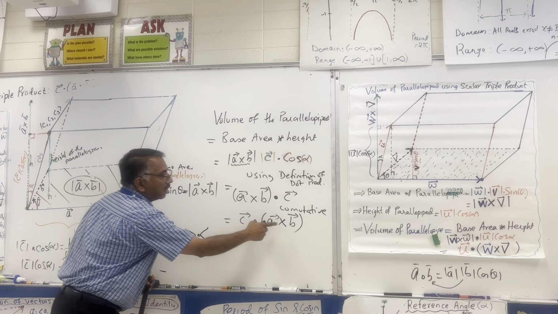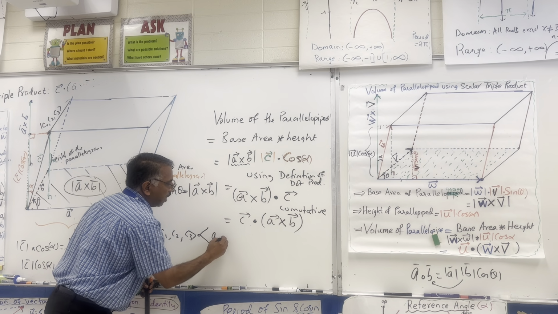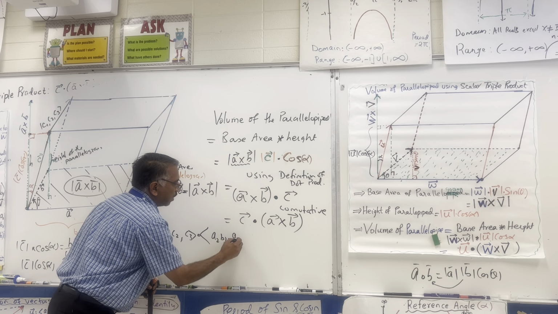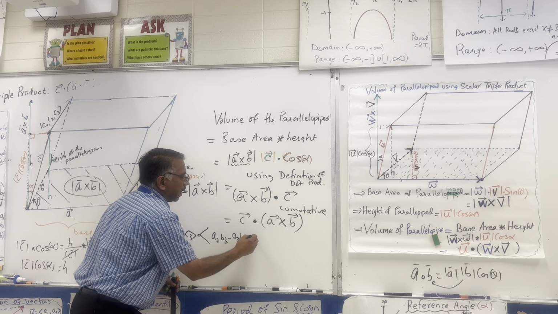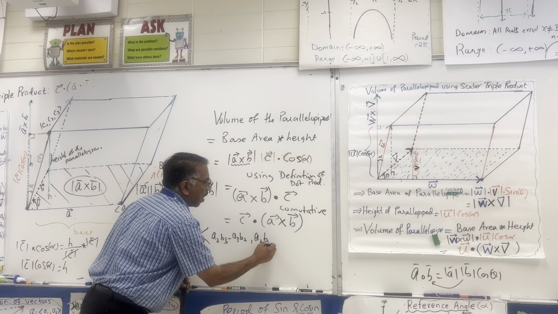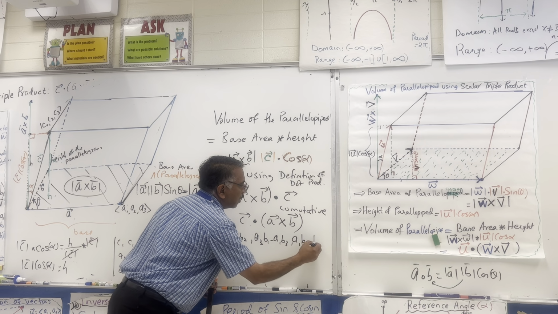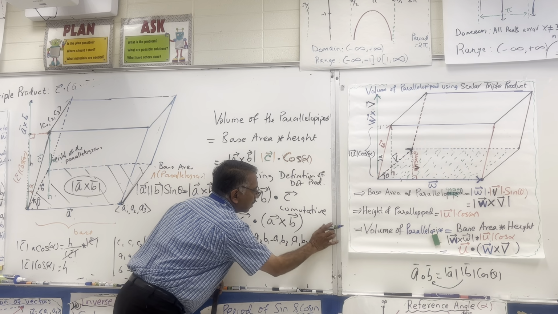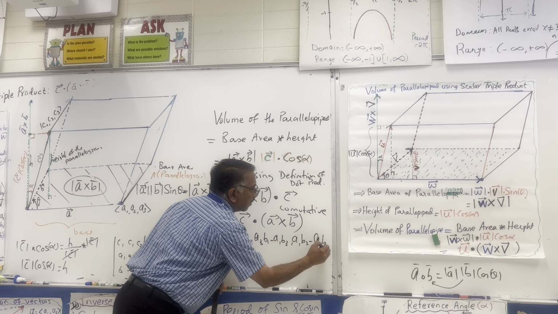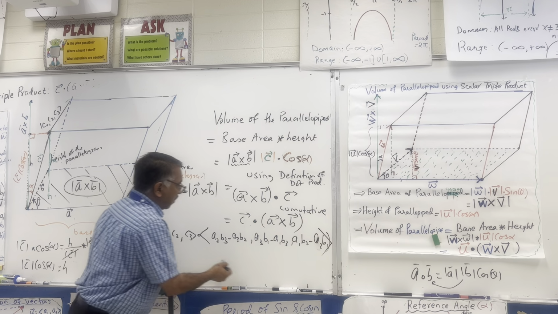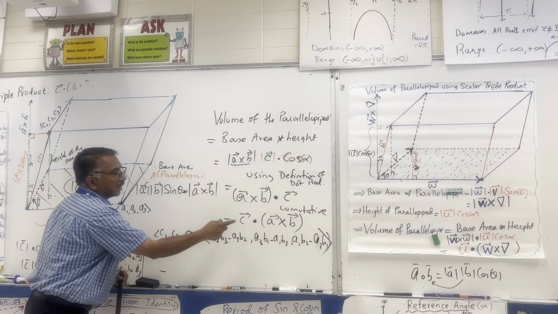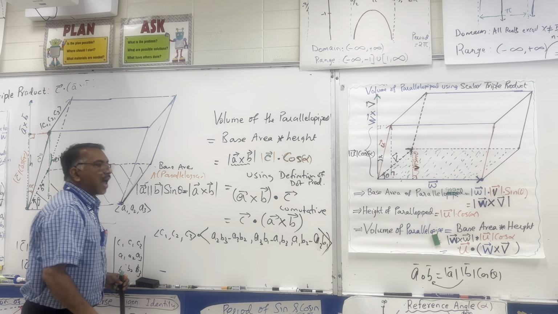And the other vector we have also seen is A2 B3 minus A3 B2, comma, then A3 B1 minus A1 B3, and then A1 B2 minus A2 B1. So we have also proved that A cross B is that. That's what I showed in the last video.